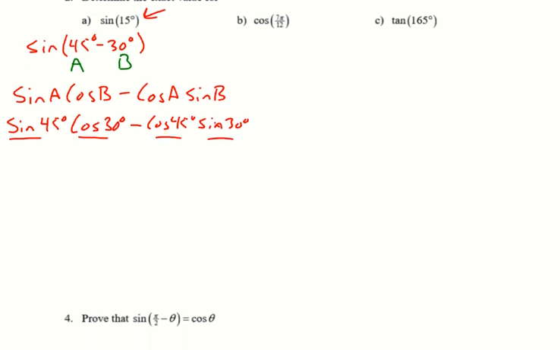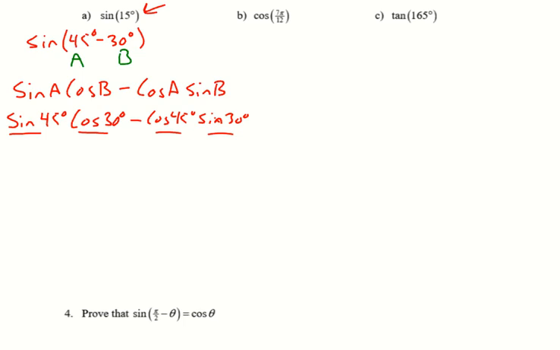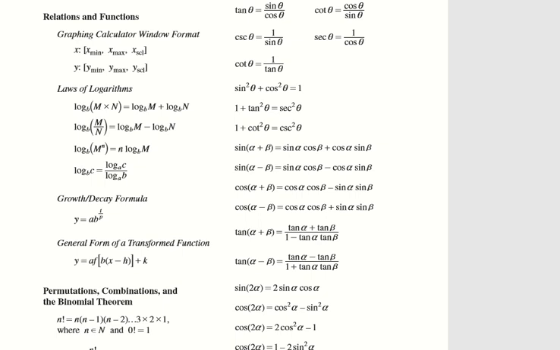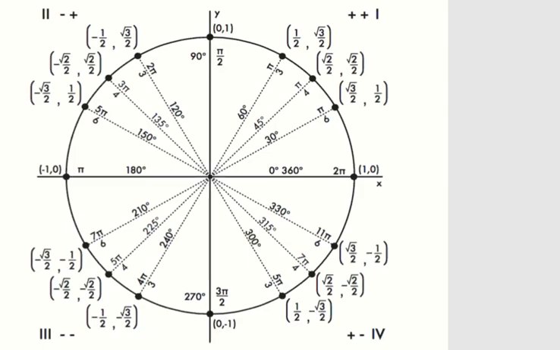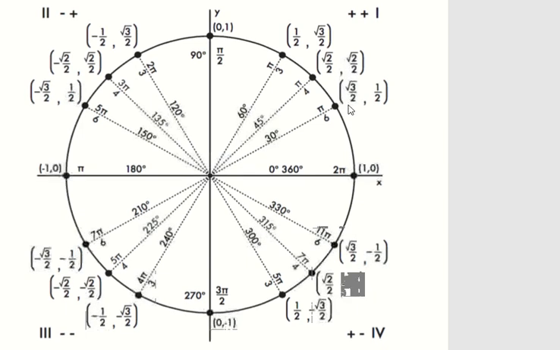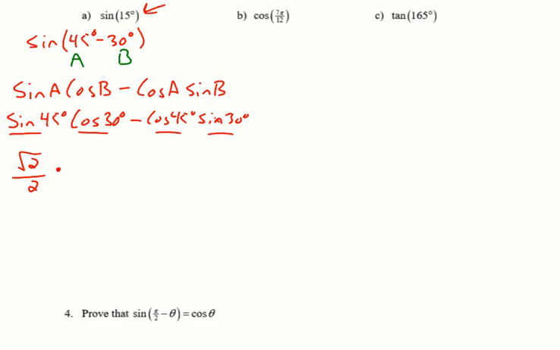Sine of 45 degrees is root 2 over 2, times cos 30. Cos 30 is root 3 over 2, that's the x value at 30. So root 3 over 2, minus cos 45, which is also root 2 over 2, and then sine 30 is equal to a half.